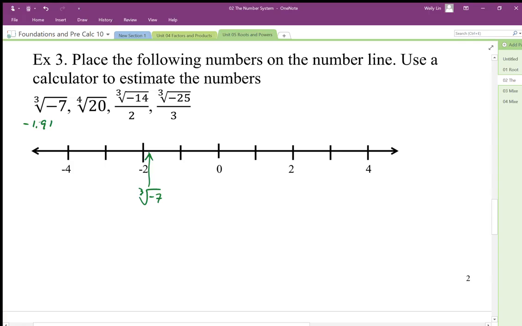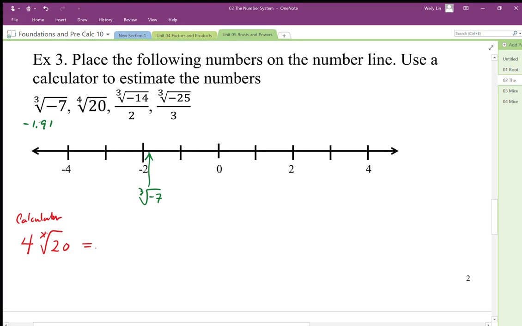For the fourth root of 20, I have to find my fourth root button. The fourth root button usually looks like this, it has a little x in there. And so the way I put it into my calculator is 4 root 20 like that. This does not mean 4 times 20, but this is my calculator. So this is what it looks like on the calculator.